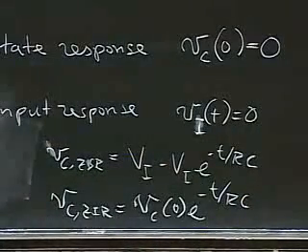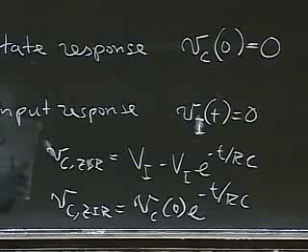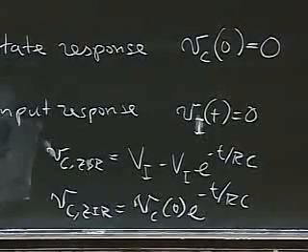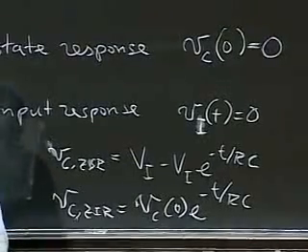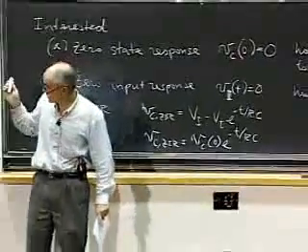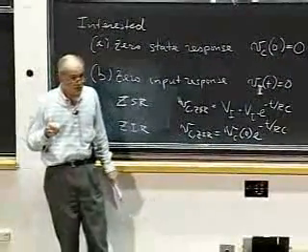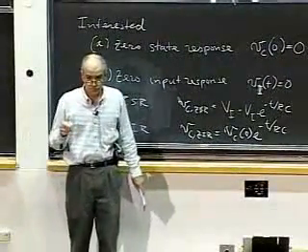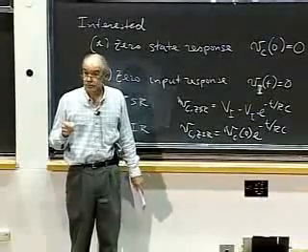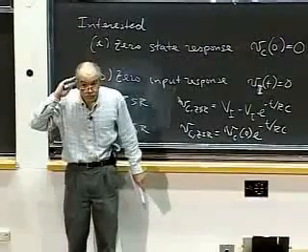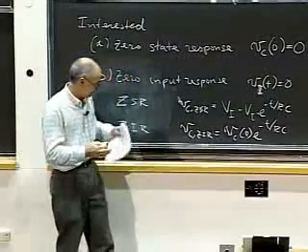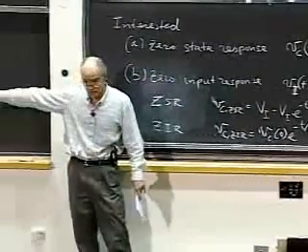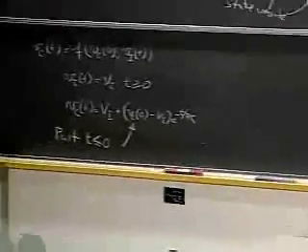Now, do you see something that's rather obvious from what's on the board in terms of the ZIR and ZSR and the final complete answer, which is there? Yeah, there are specific cases, but how do they relate to the full answer? It's a sum.